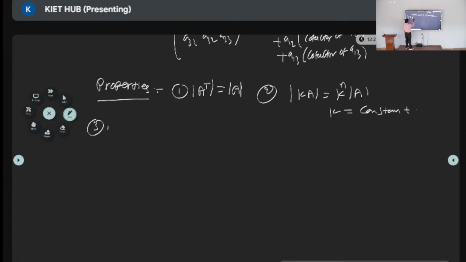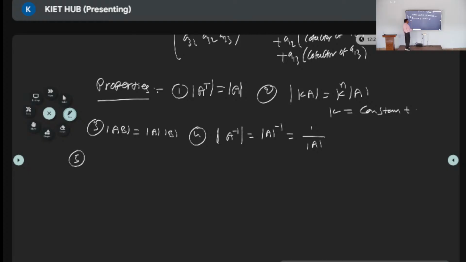Third, determinant of AB is determinant of A into determinant of B. Fourth, determinant of A inverse, or A whole inverse, is 1 by determinant of A.